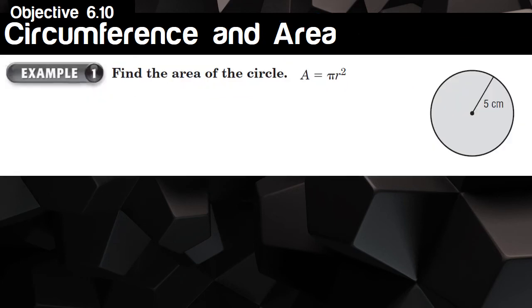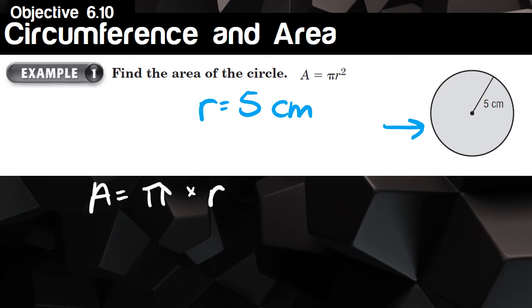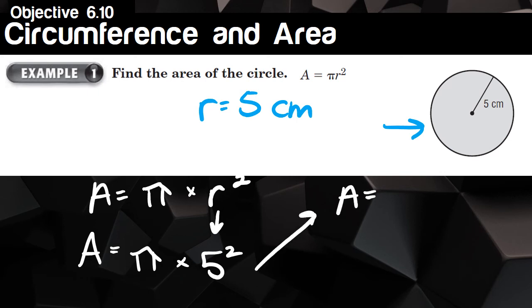Let's get a couple of practice problems in here. Example number 1: find the area of this circle. Our radius is equal to 5 centimeters. We use our equation, pi times radius squared. Our area equals 3.14 times 5 squared, and 5 squared is 25.